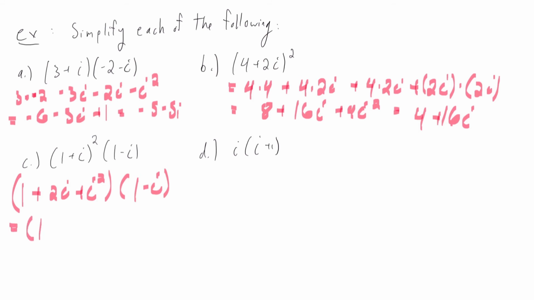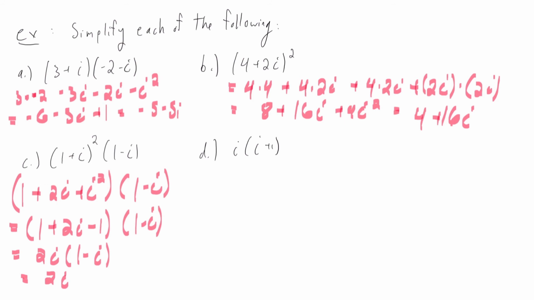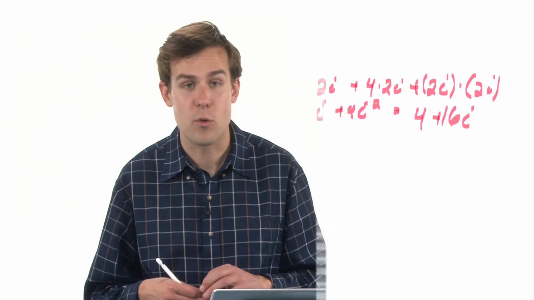So this is 1 plus 2i minus 1, substituting in minus 1 for i squared. So I have 2i times 1 minus i, 2i minus 2i squared, and at last 2i plus 2, since minus 2i squared is positive 2.